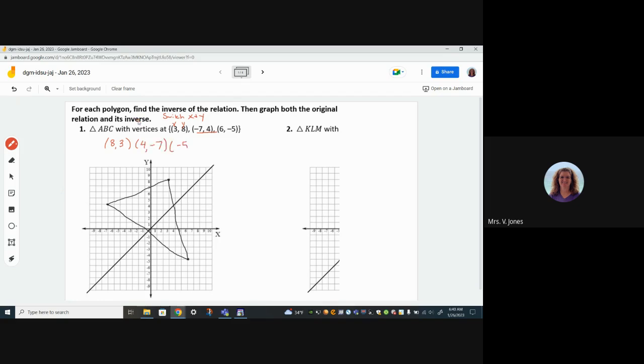Now, so that you don't get confused and think that this is all supposed to be the same thing, you might want to put a note out here to remind yourself that these points represent the inverse function. Now, the reason that you see this line down the middle here, that is your y equals x line.